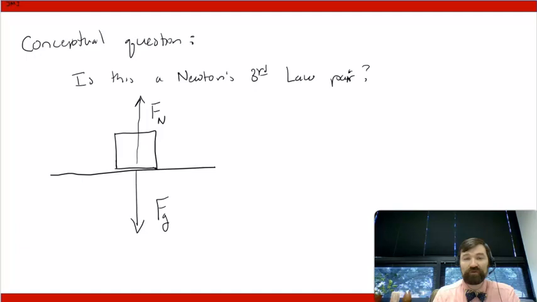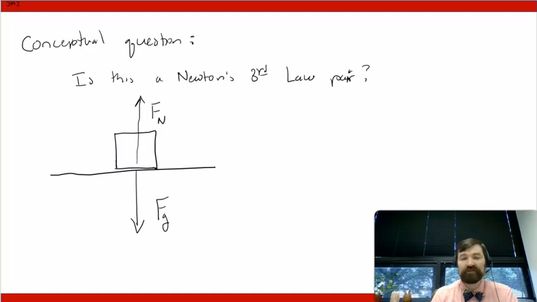So are the normal force and gravity a Newton's third law pair? For each of these, you might pause the video and try to answer it or puzzle it out, and then play to get the answer. So we have gravity and we have the normal force. Is this a Newton's third law pair?